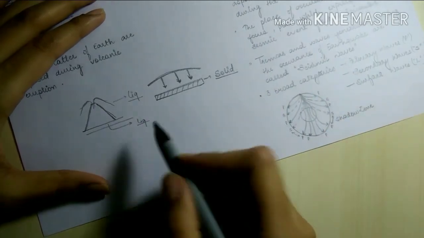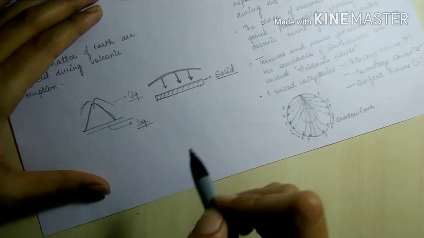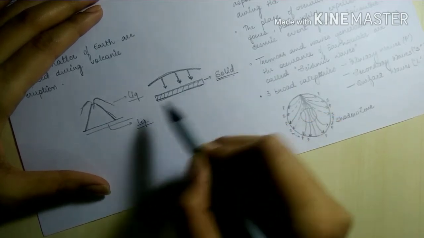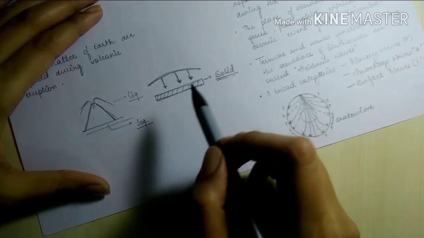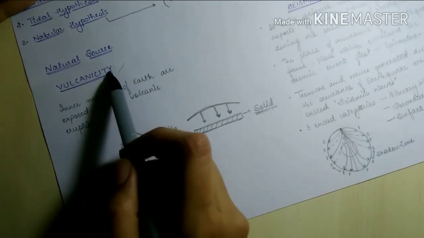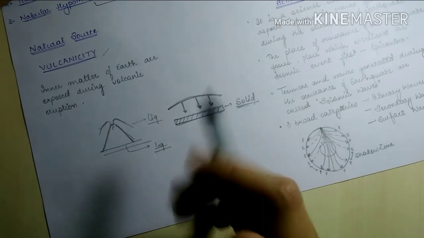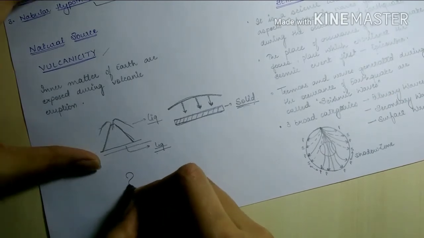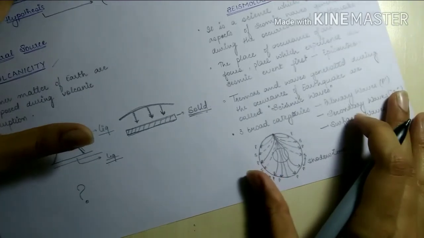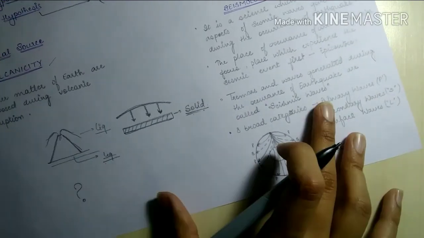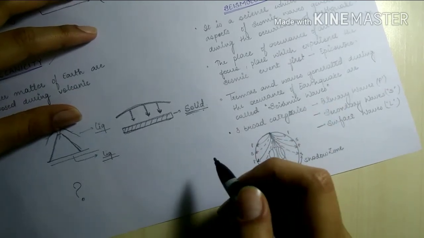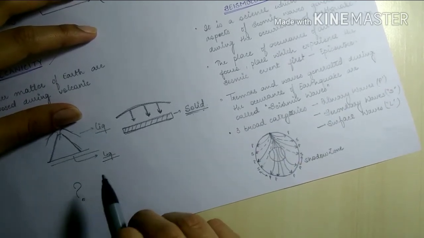But then how come this lava is in liquid state if the interior of Earth is in solid state? All these things are not clarified by volcanicity. So this also keeps us in confusion, as we can't find any authentic evidences about composition of our Earth's interior.